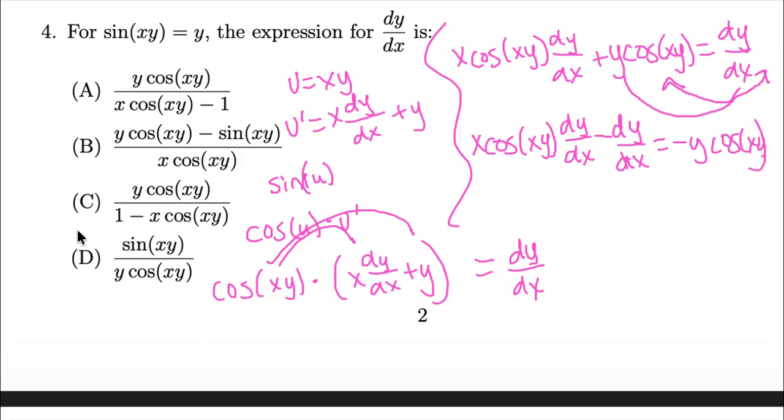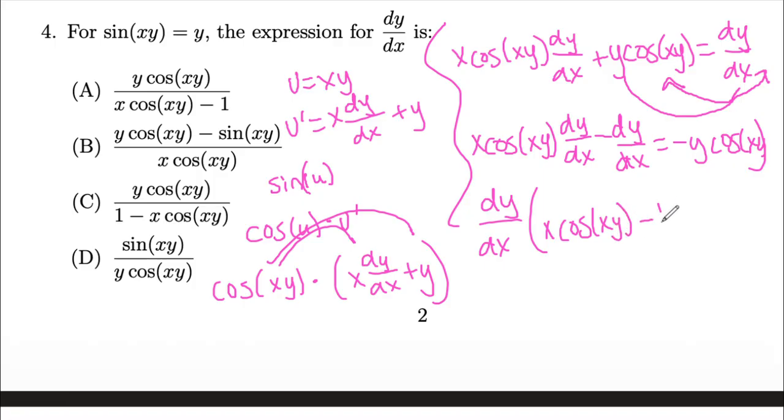Okay, now I am going to factor out the GCF on the left-hand side, which is dy/dx. So I would get dy/dx times (x cosine of xy minus 1) equals negative y cosine of xy. Okay, now I'm going to divide by this on both sides.